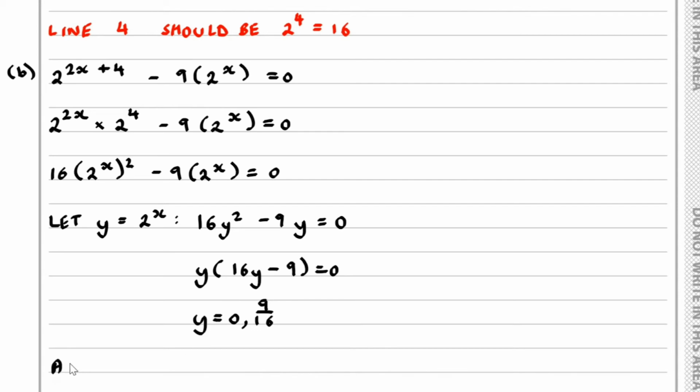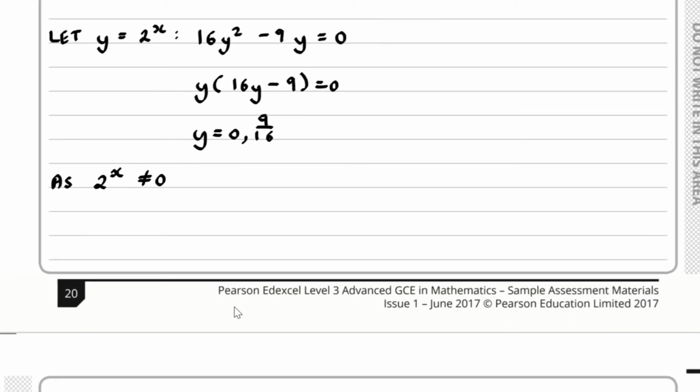Now, as 2 to the power of x cannot equal 0, y equals 0 is not a solution, and so we have 2 to the power of x equals 9 over 16 only. And if I solve this, we have x equals log base 2 of 9 over 16 being the only solution.